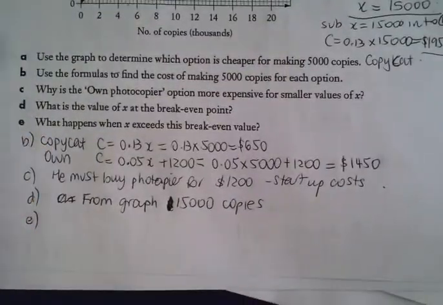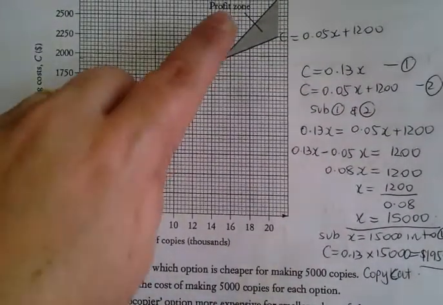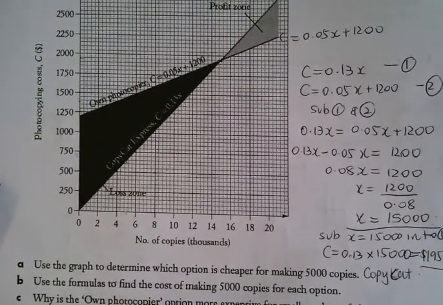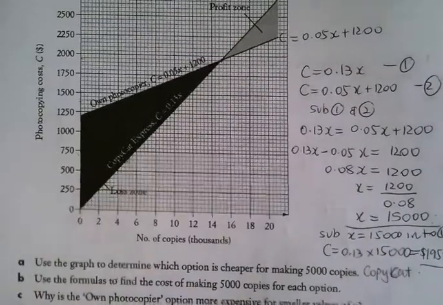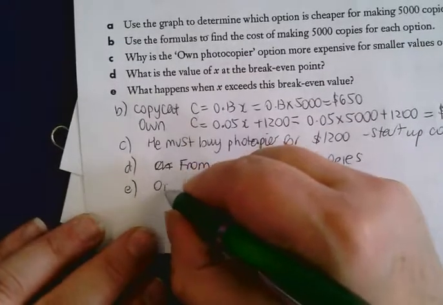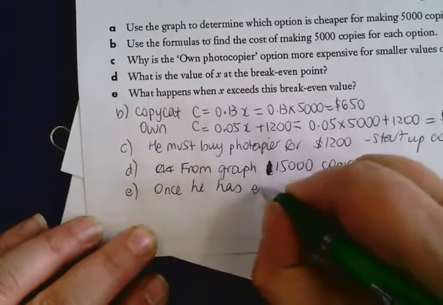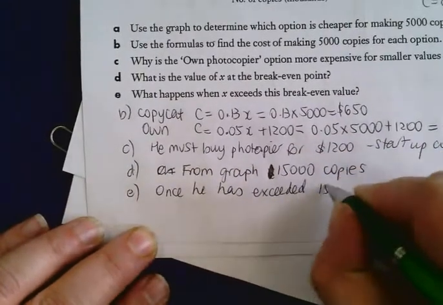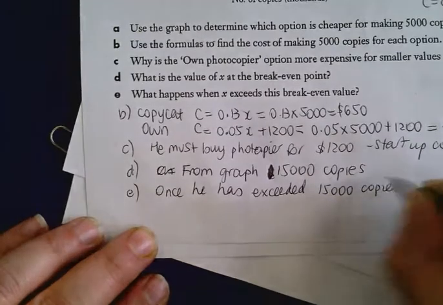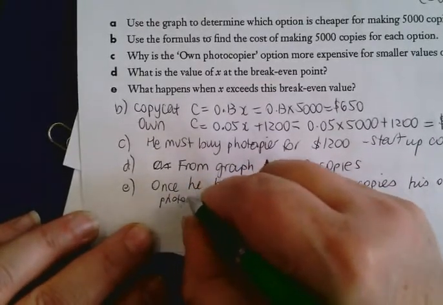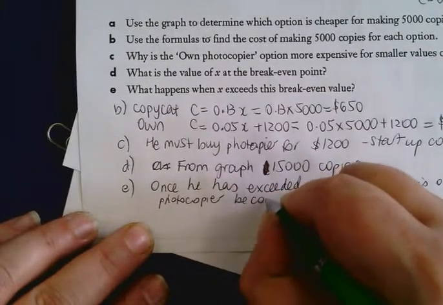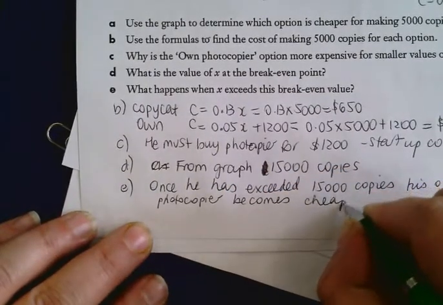Now, part E, what happens when X exceeds this break-even point? What becomes cheaper? For him to use his own copier. So once he has exceeded 15,000 copies, his own photocopier becomes cheaper to use.